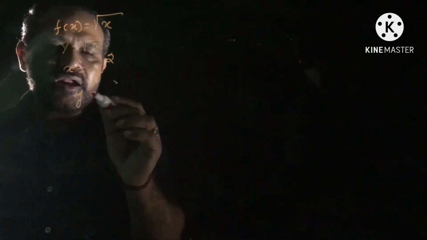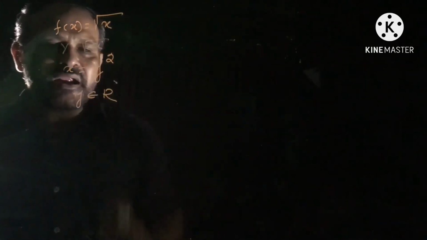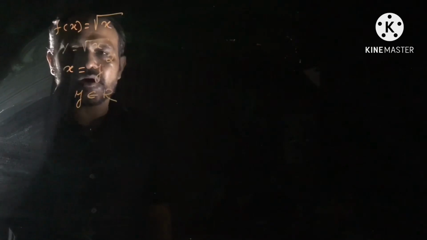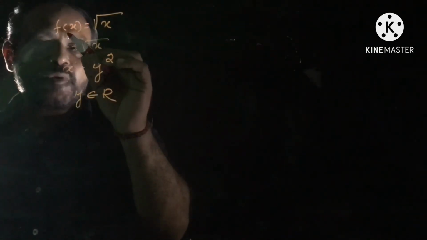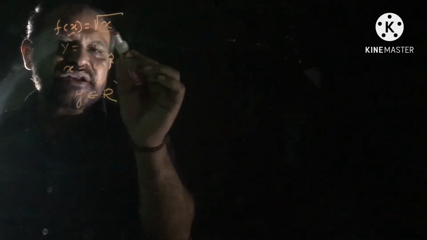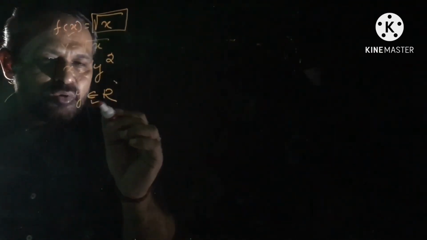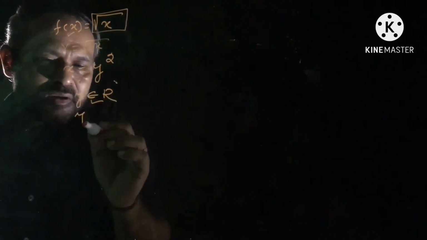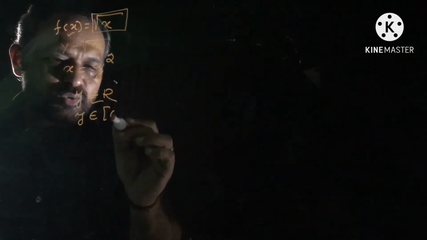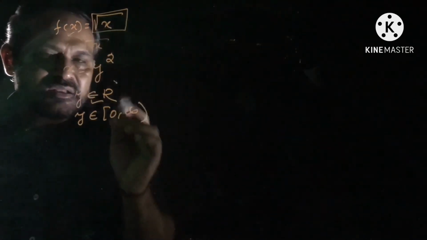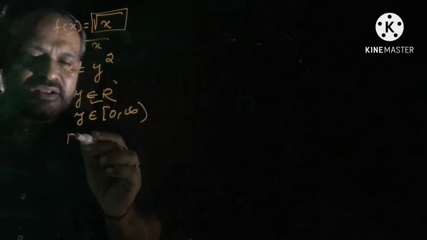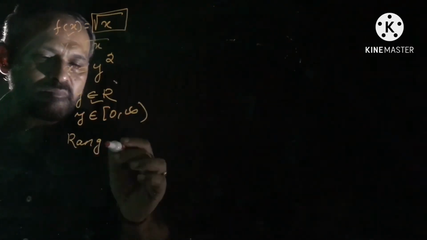For any real number we can define y square. But the question is given f of x is equal to the positive square root of x. Then what is the positive value of y here? Y belongs to 0 to infinity. Therefore this is the range of this function.